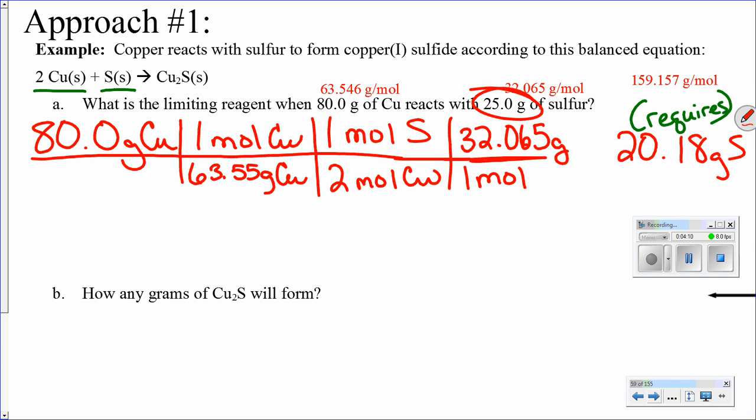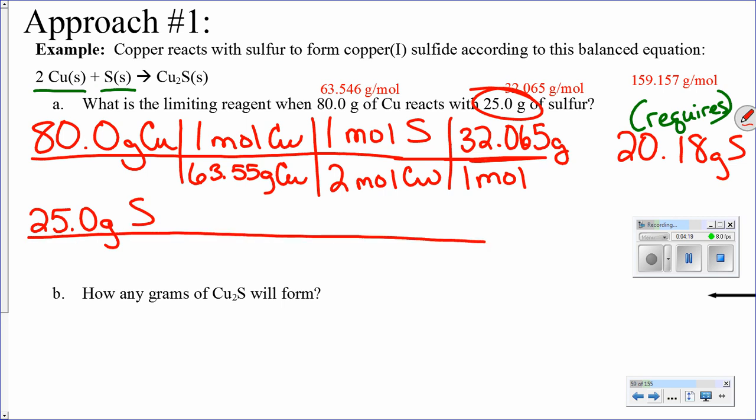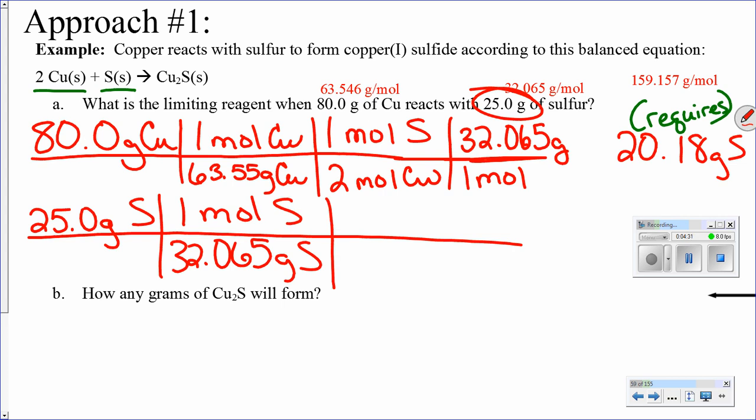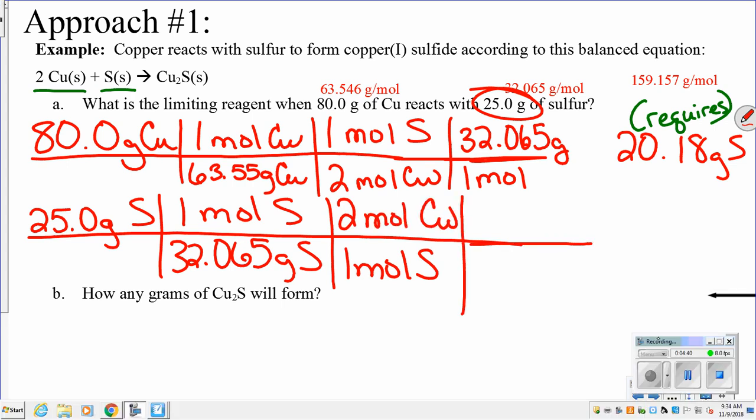Now, the other calculation that you would typically do is you'd say, okay, if I started with 25 grams of sulfur, and then I'm going to change sulfur into moles first, so 32.065 grams of sulfur is 1 mole of sulfur. According to my reaction, 1 mole of sulfur reacts with 2 moles of copper, and I need to put this into grams.